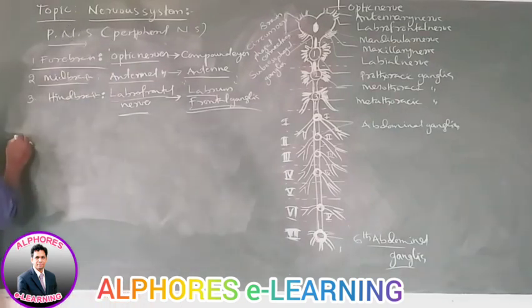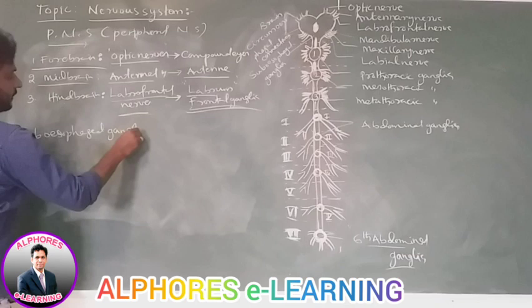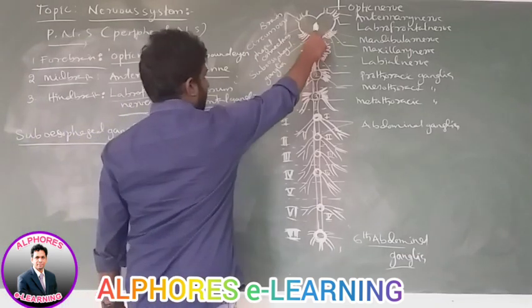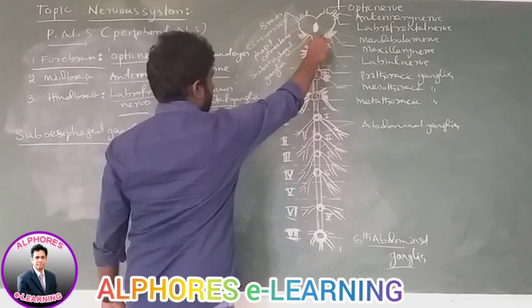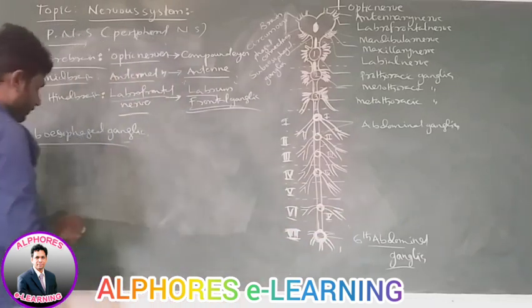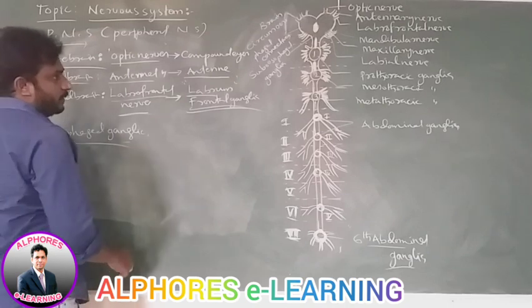One more ganglia is there, that is the subesophageal ganglia. Where is the subesophageal ganglia present? This one is the subesophageal ganglia. It is present below the esophagus. It is a chief motor center which controls the movement of mouth parts.